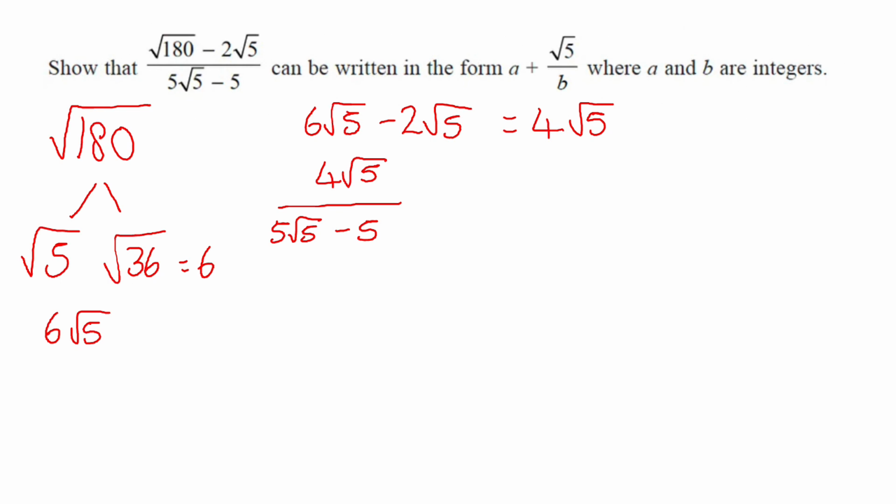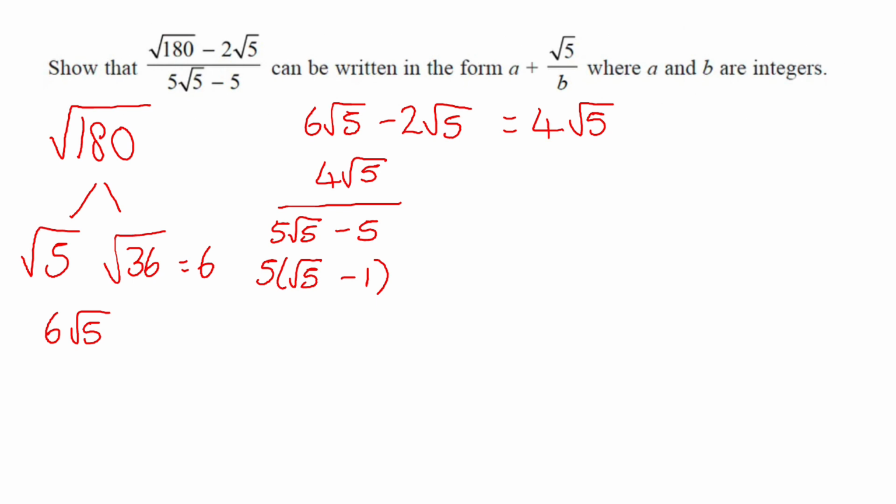However, because this is subtract, you do it as plus. Or what we can do to make our life a little bit easier when it comes to the simplifying stage is, because 5 is a common number in both, factorise this first into a single bracket. Now if we do that, we end up with 5 bracket root 5 minus 1.